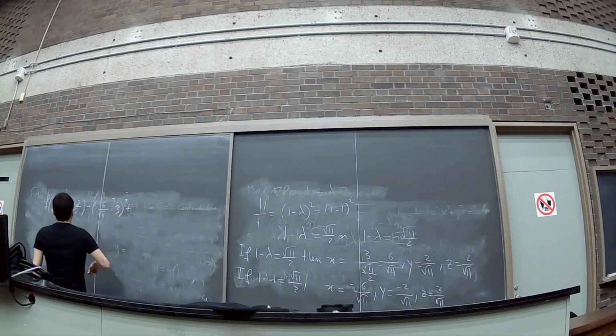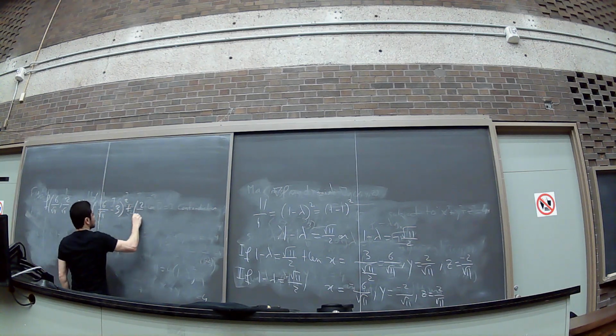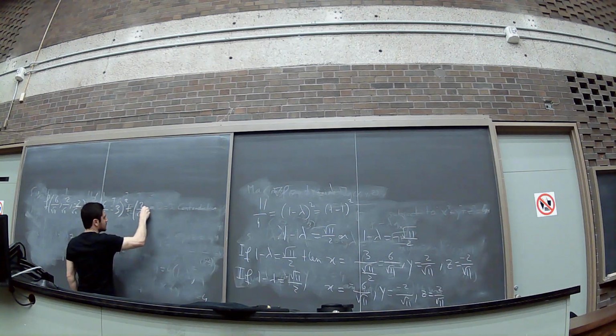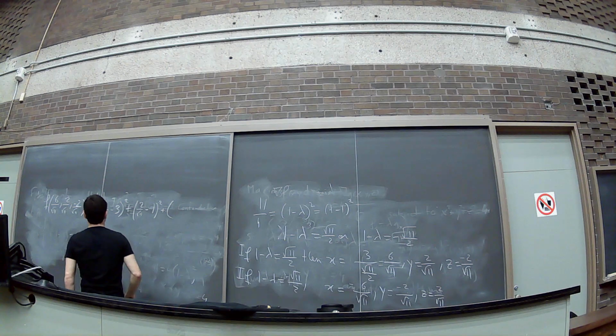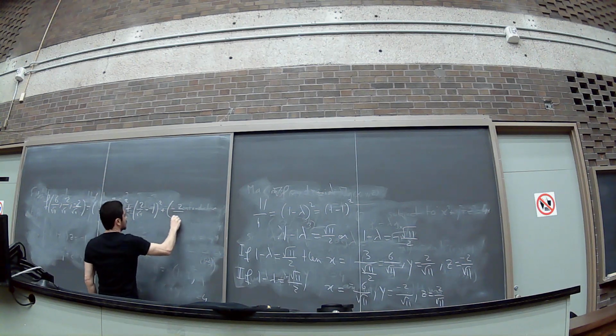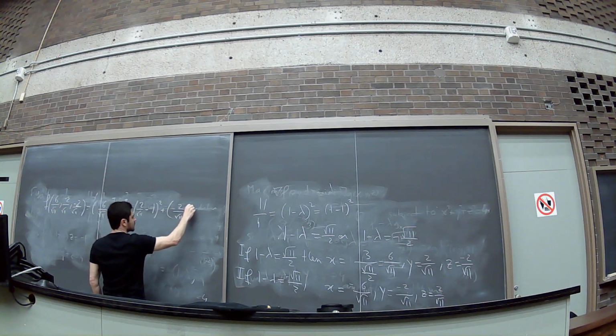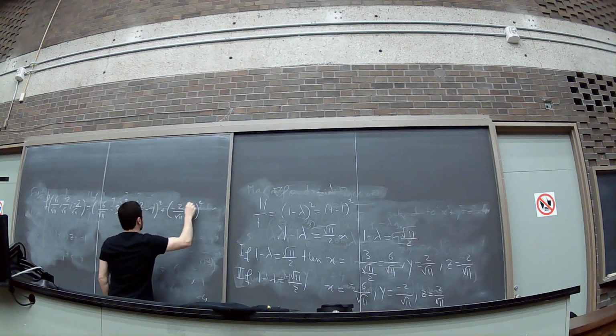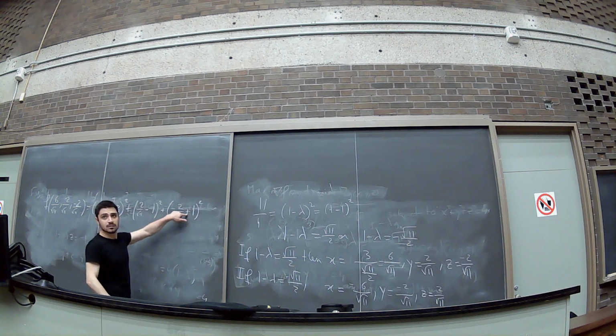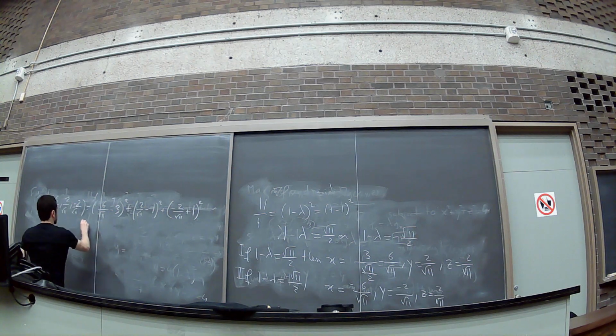Plus 2 minus, what was it? Is it minus 1? Minus 1 plus minus 2 over root 11 plus 1 here. Plus 1 is 0 here. So what I have here is good. Great. So what do I have? It's 6 minus 3 root 11.